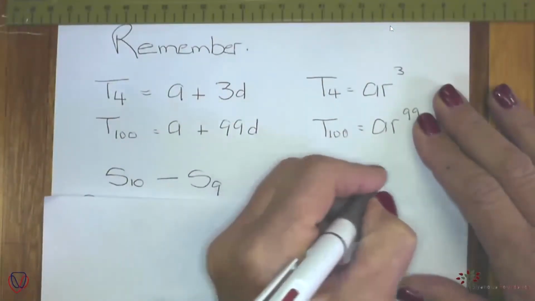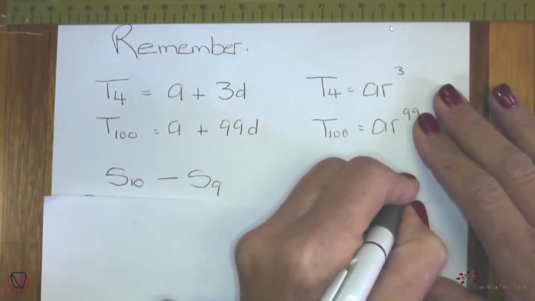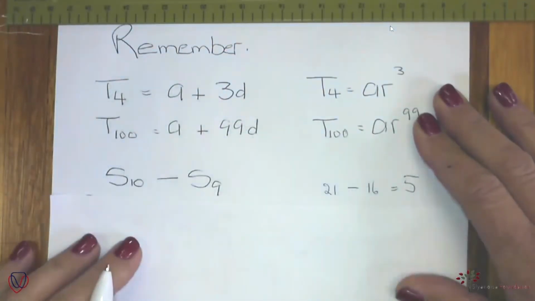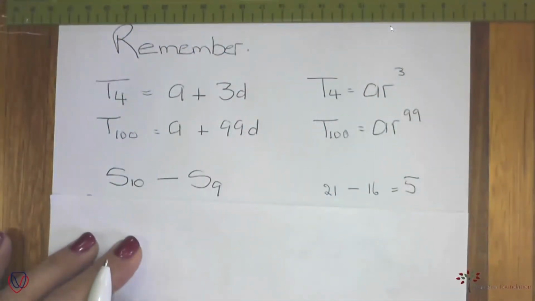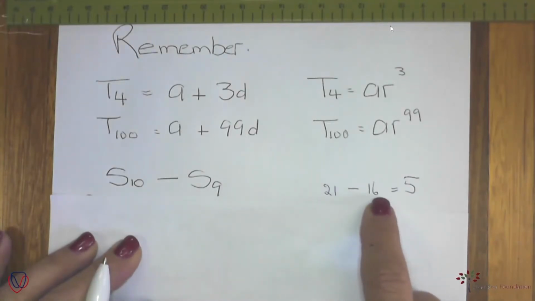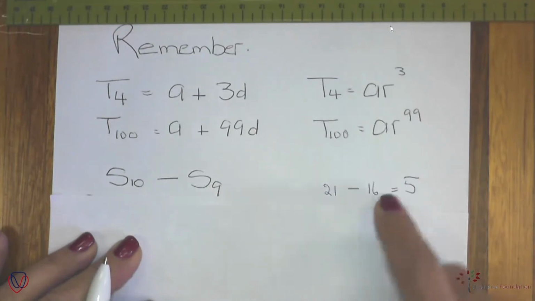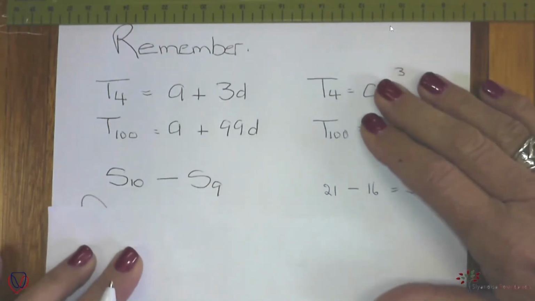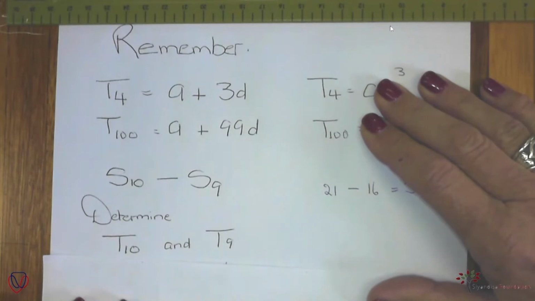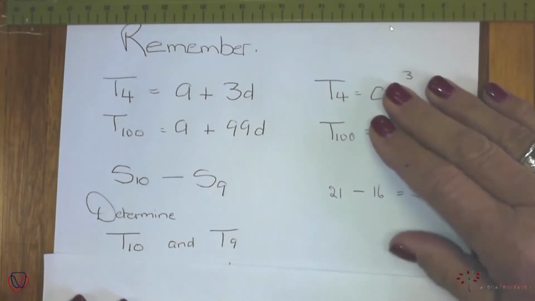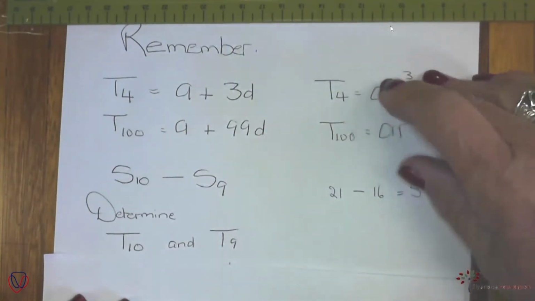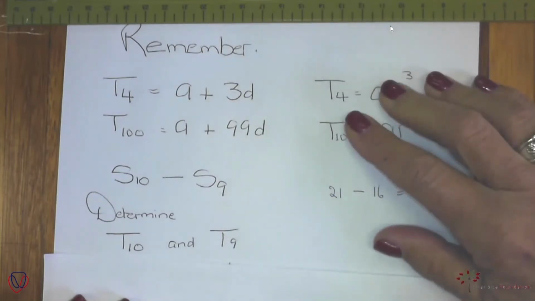You will subtract these two and you will get 5. Now, what are we going to do? That is the values. So this is Tn that you used here. So you're going to find the value of T10 and the value of T9 by using the Tn formula.